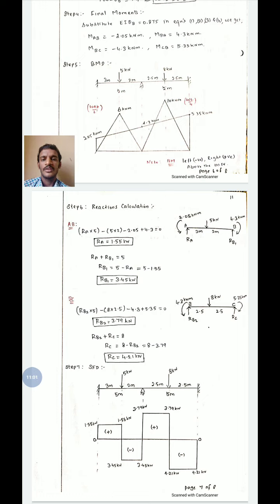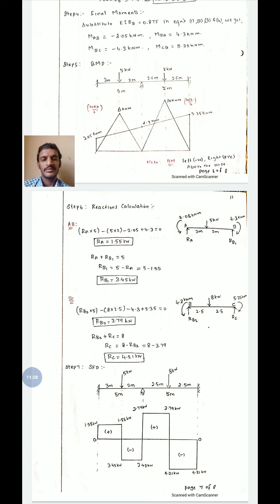First, in this problem, taking moment at the B point, MB is equal to 0. While considering the left end, RA into 5 meter, and a load value of 5 kilonewton is available, 5 kilonewton into 2 meter.